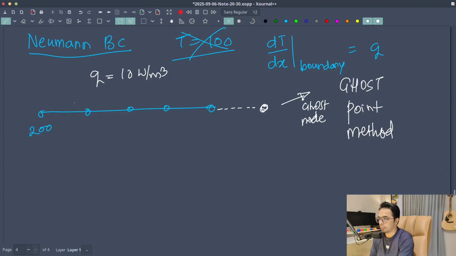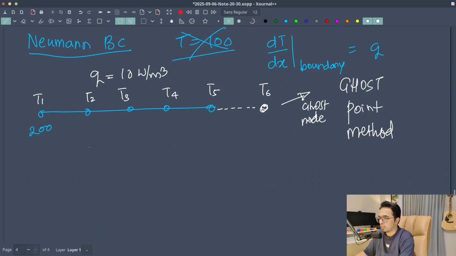So let us look at it. This would be T1, T2, T3, T4, T5, and now I introduce T6. So this is the idea. There are other ways to deal with this as well, but we'll talk about it once we solve this particular case.